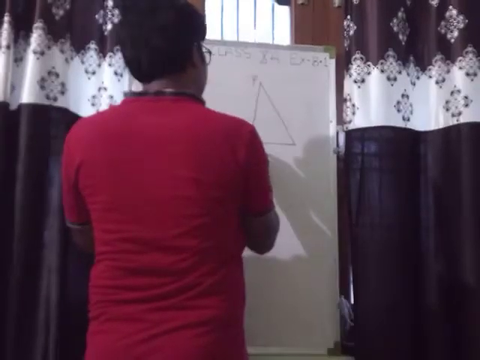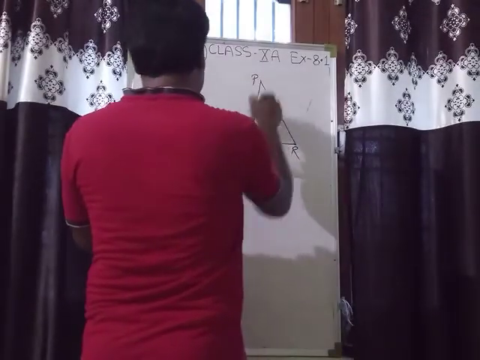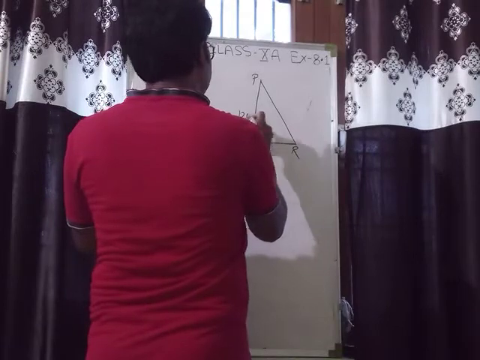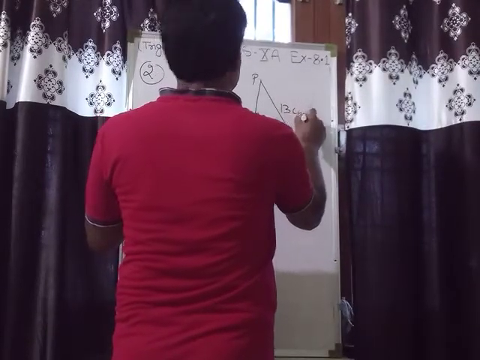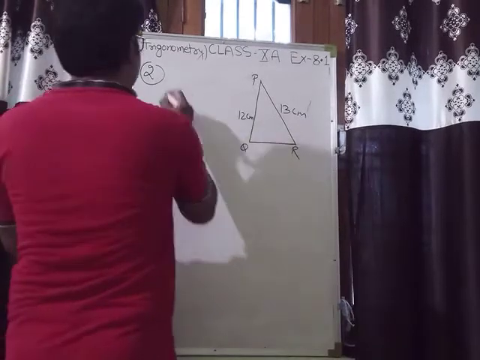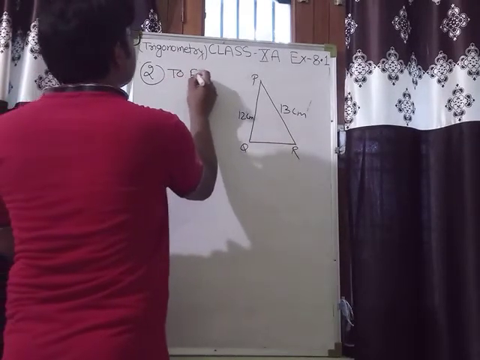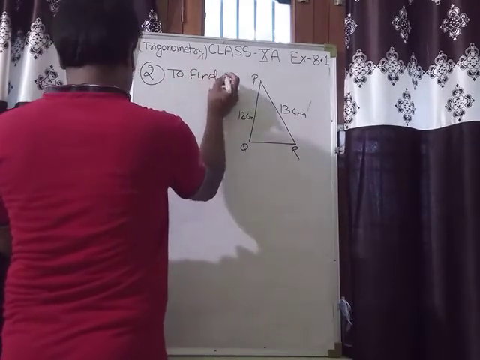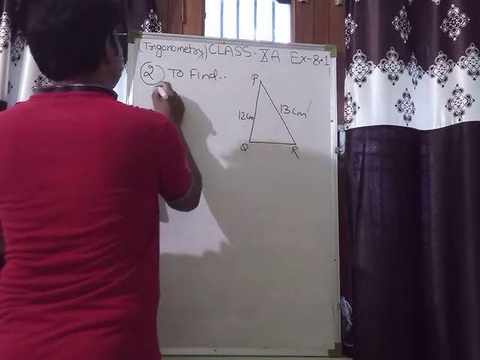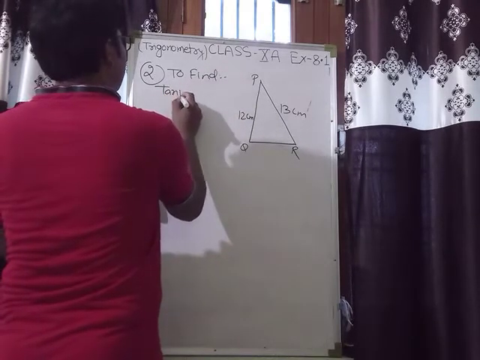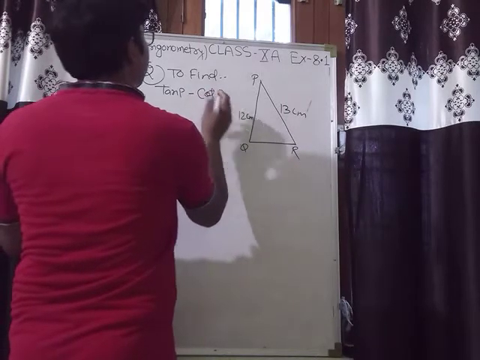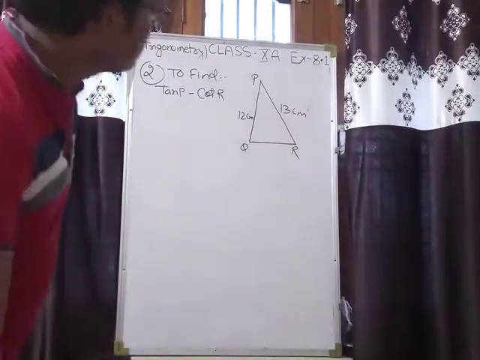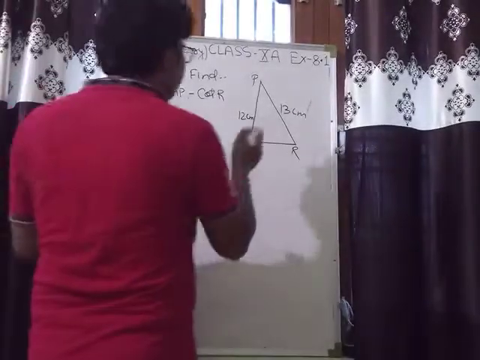P, Q, R. This PQ is 12 centimeter and this PR is 13 centimeter. Okay, and in this figure we have to find out tan P minus cot R. Okay, tan P minus cot R. So that's very easy.